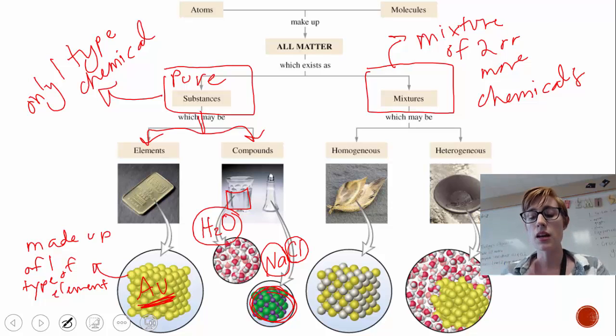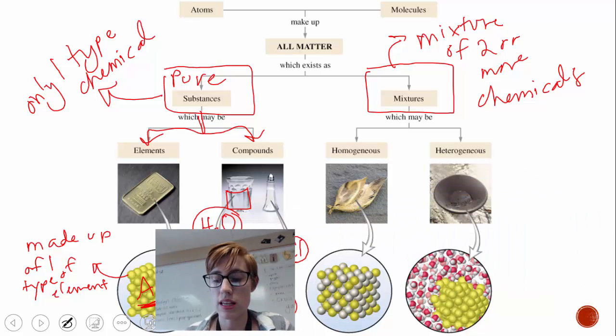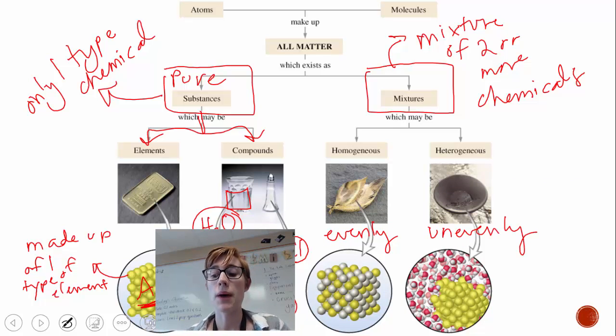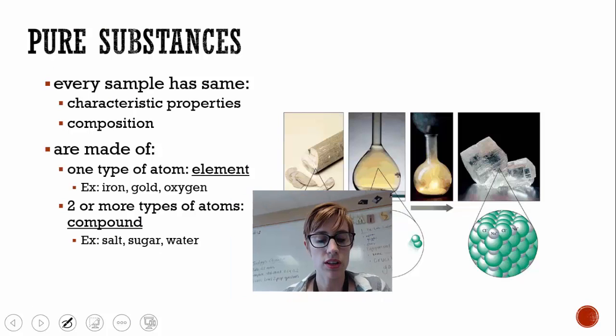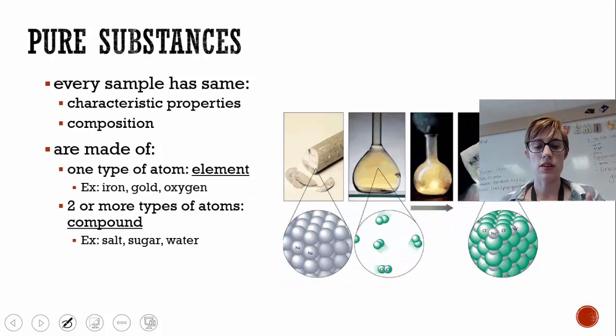Now mixtures can be broken down into a mixture that is evenly mixed and a mixture that is unevenly mixed. A homogeneous mixture is something that looks even throughout, and a heterogeneous mixture is something that looks uneven.